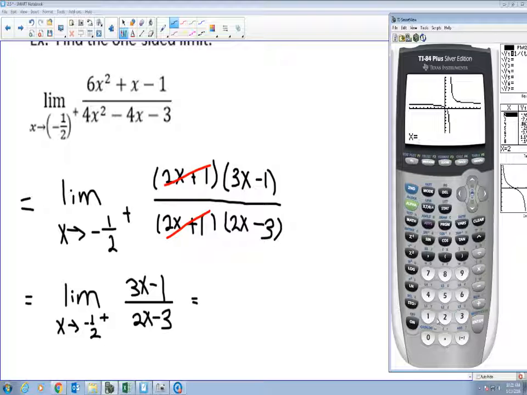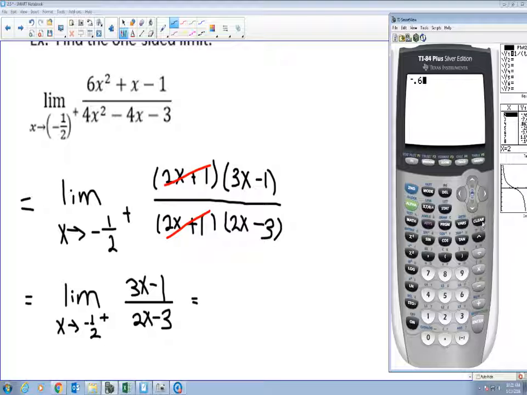So negative 0.5. I think I am defined at negative half. Negative half is over here from the positive side. So let me do negative 0.499999 as close as I can, which is 0.625.